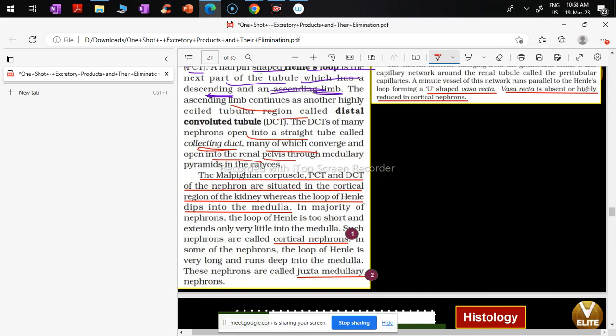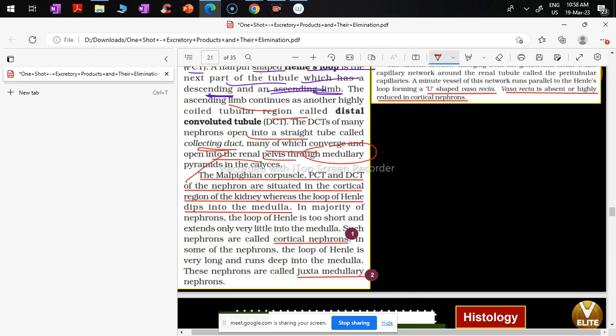Renal pelvis we already saw in the last diagram, through which medullary pyramids in the calyces. Medullary pyramids we also saw in the structure of kidney. Calyces we also saw as some small projections.